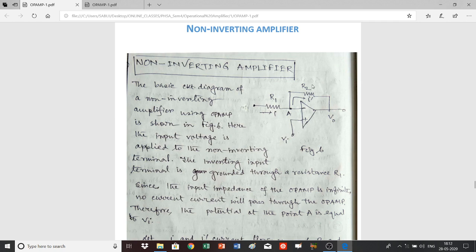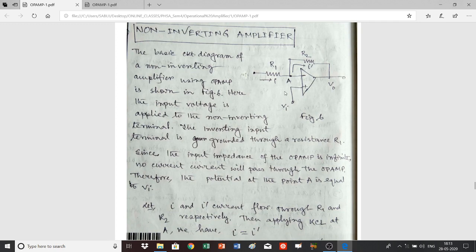Here is the feedback resistance R2 and the output voltage is V0, and from the concept of virtual ground, the potential of this point will be that of the non-inverting terminal. So the potential of the point A would be Vi.